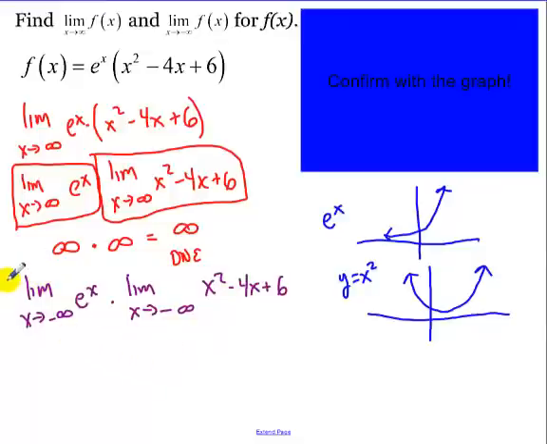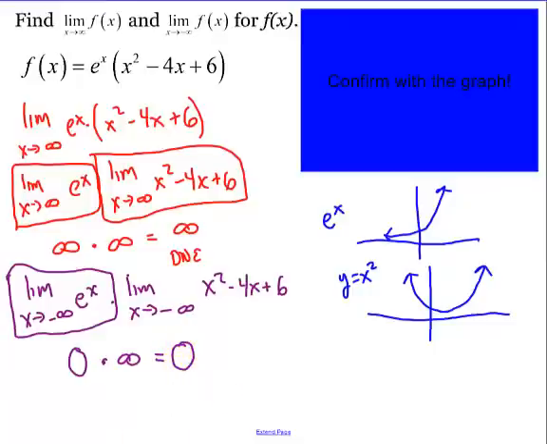Okay, so now I'm going to negative infinity of our function e to the x. What happens as I go to negative infinity? That's an exponential growth function, but as I go to negative infinity, I'm getting closer to 0. Even though I'm going to negative infinity, the function is still ending up at 0, so therefore this limit is equal to 0.